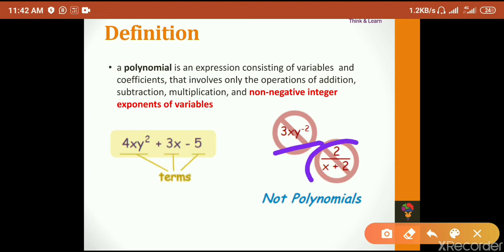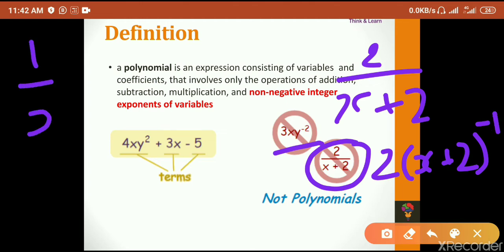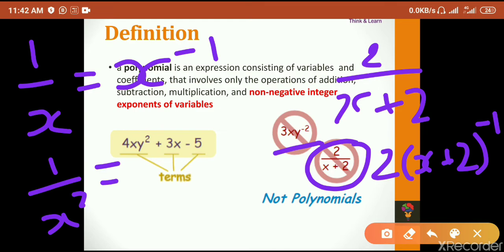While you can see in the second case, 2 upon x plus 2, this x plus 2 is in the denominator. That means if it is in the denominator, its power will be minus 1. I've already taught you this in 8th standard. If you are writing 1 upon x, then it means x raised to minus 1. 1 upon x square means x raised to minus 2. I hope you remember this.